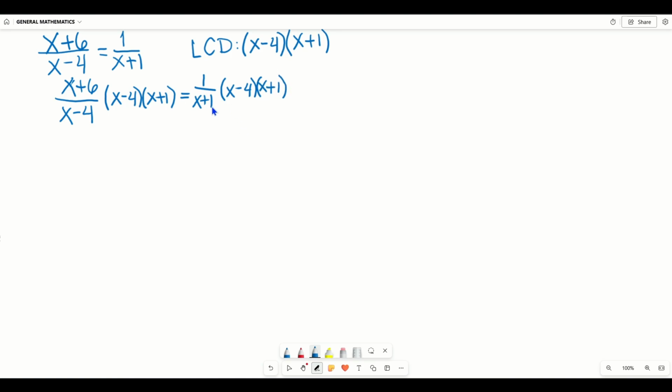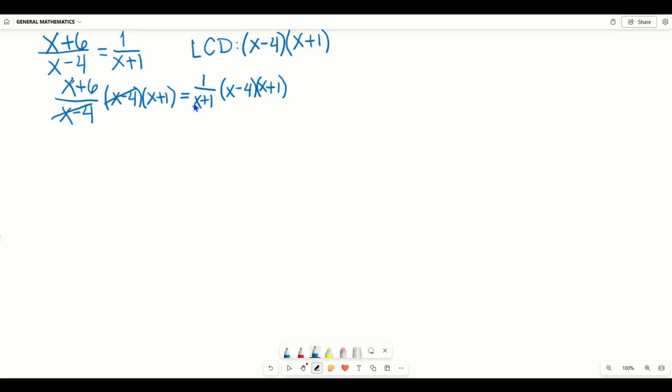And then from here, before you start getting the product, you may cancel first the common factors. When we do cancellation, you can only cancel terms or multipliers where one is in the denominator and the other is in the numerator. In this case, we have x minus 4 in the denominator and a multiplier x minus 4, so we can cancel them.